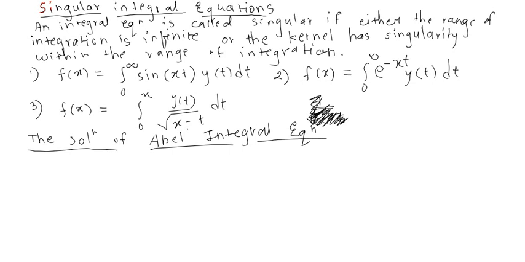Okay, so consider f of x equal to integral from 0 to x y(t) divided by (x minus t) raised to alpha, where alpha is a constant, dt, where this alpha is taking values in the open interval 0 to 1.